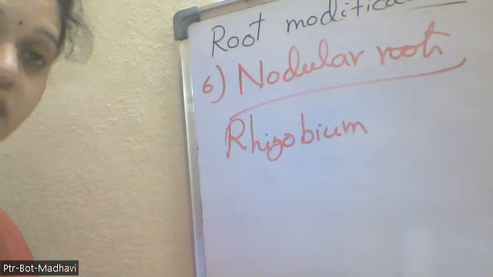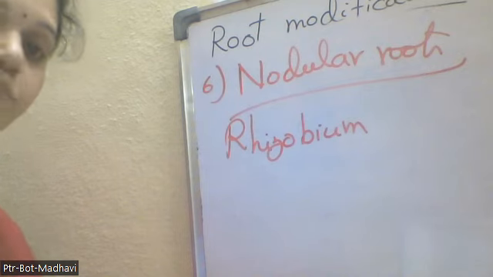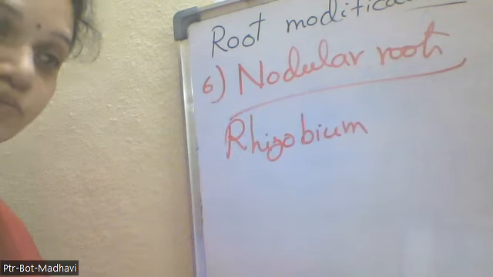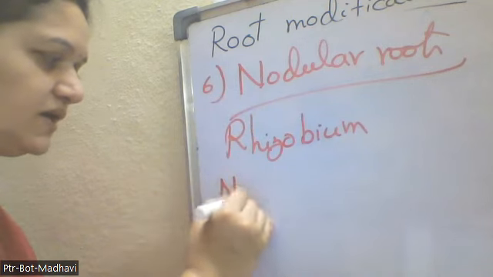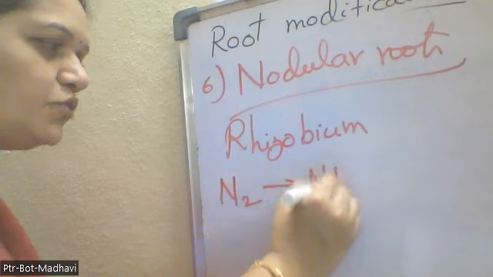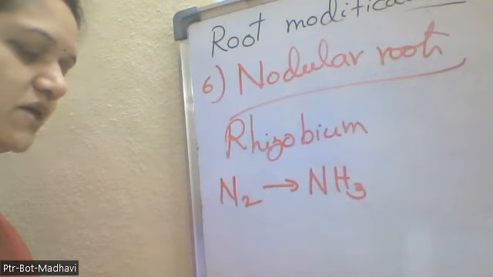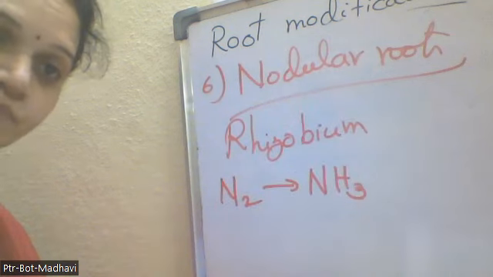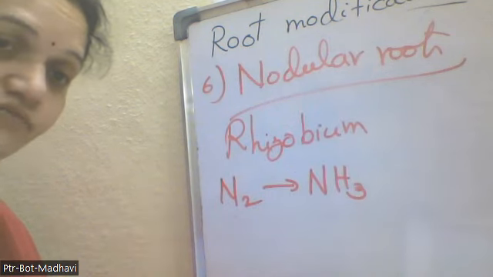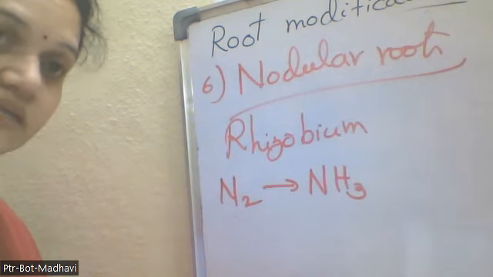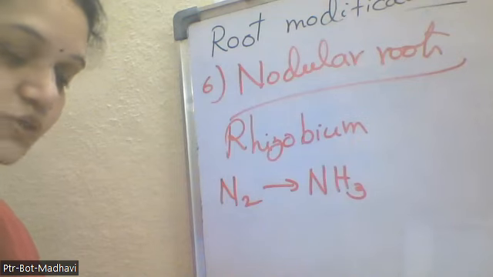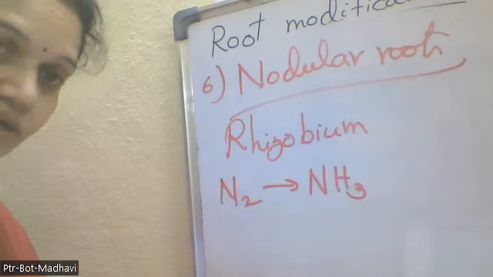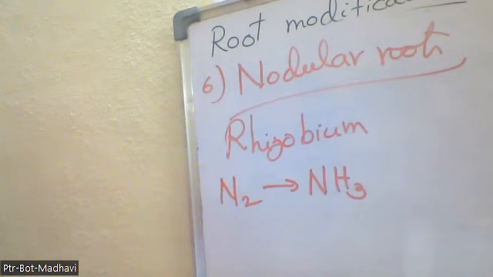Those roots are called nodular roots. This bacterium will absorb atmospheric nitrogen and convert it into ammonia. This ammonia is very rich in the nodular roots. And apart from that, this bacterium is getting shelter from the host plant. There is a symbiotic association of this host plant and this rhizobium bacterium.